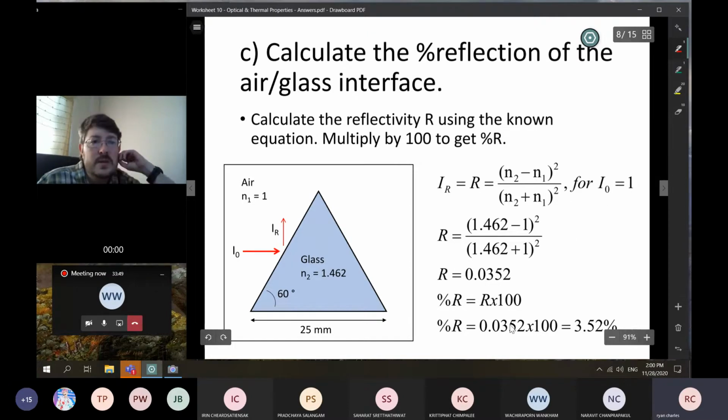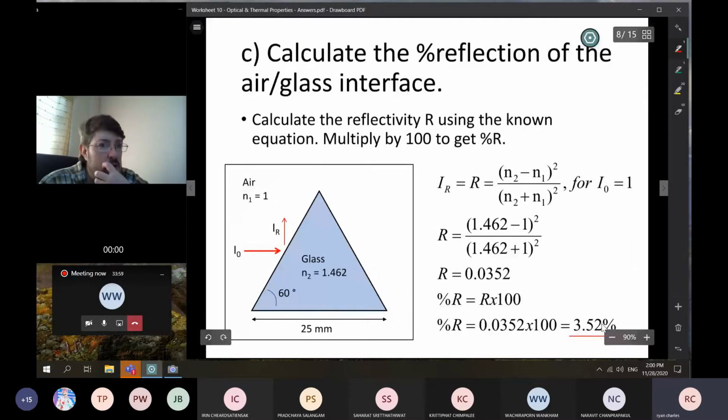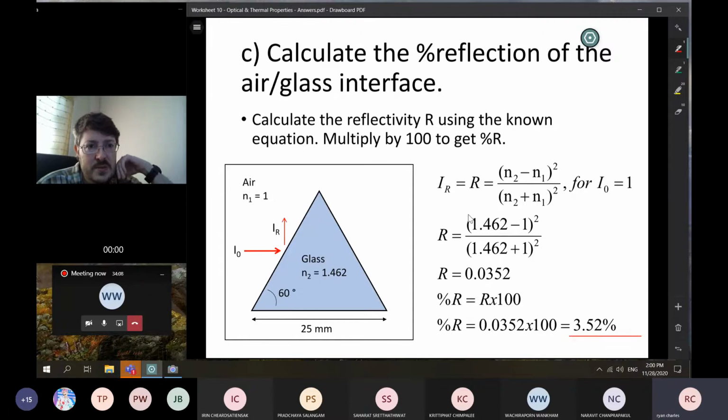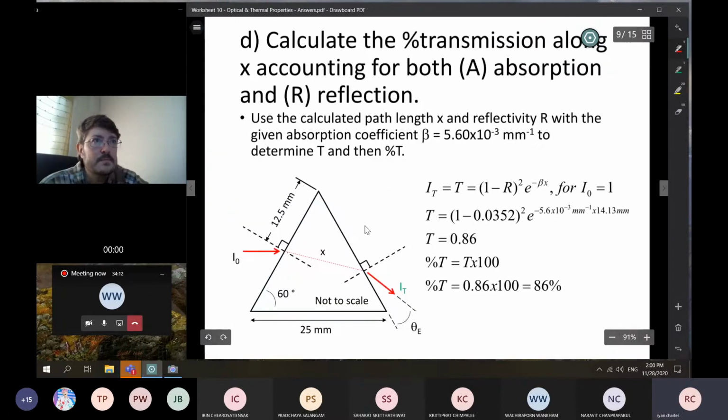We can plug that in and find that the percent reflection is 3.52%, after multiplying it by 100. So 3.5%. This is just like the example in the lecture slides, with a slightly lower refractive index, perhaps. So that wasn't difficult, 3.5%.